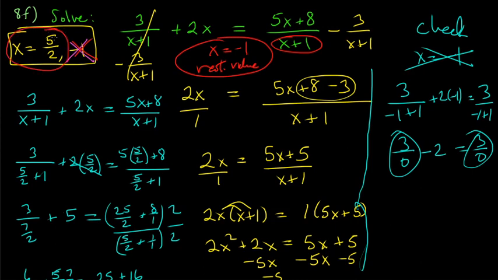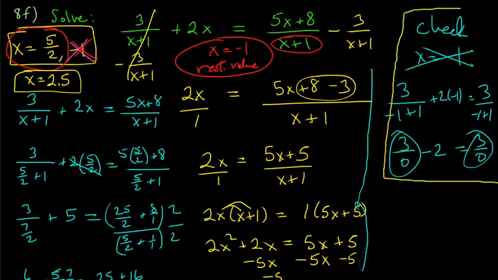It's 5 over 2, or 2.5 if you prefer, but I prefer 5 over 2. But not negative 1. If you leave the negative 1, you're going to lose points. So again, a very good idea to check or recognize that it was a restricted value, that you'd be dividing by 0 if you left the negative 1.